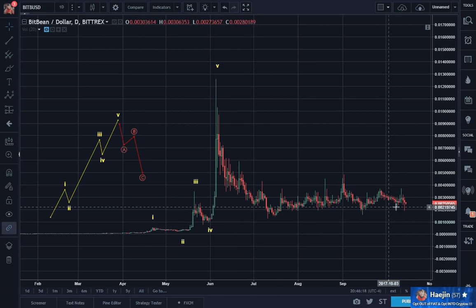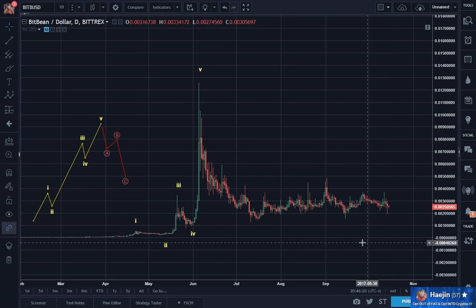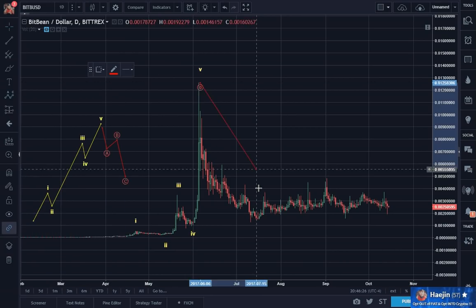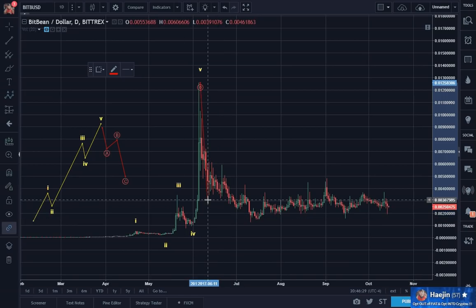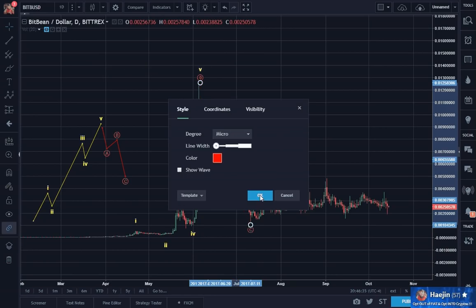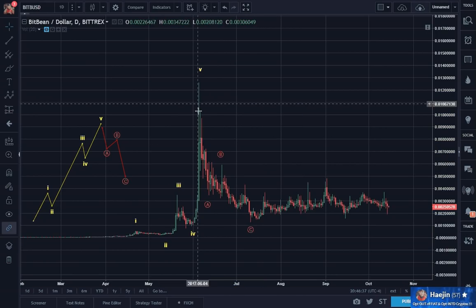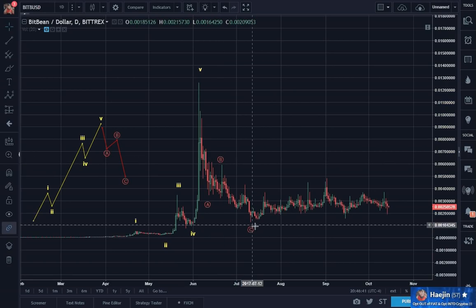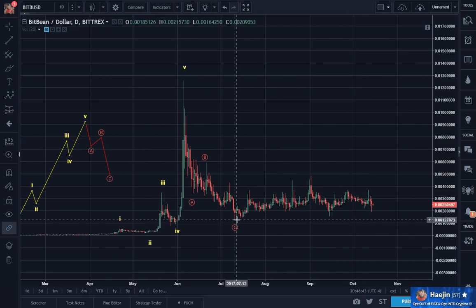Do we have a 3-wave retrace? Let's see. You can say from here, you have A, B, C. A, B, and C. You can say this is C. So it's done. The correction is finished.